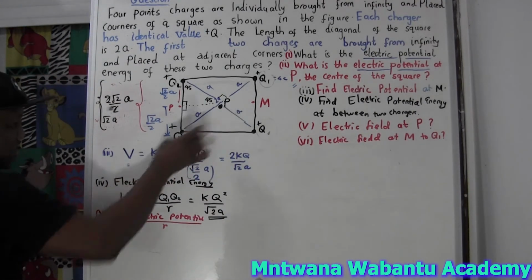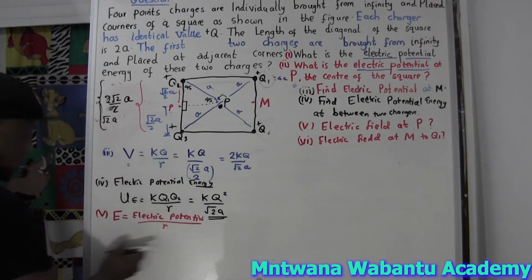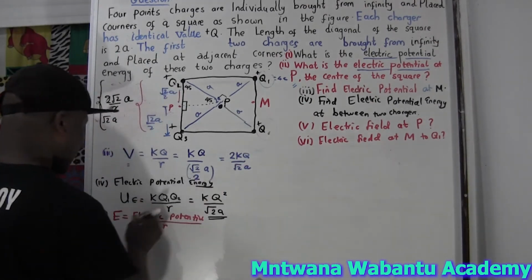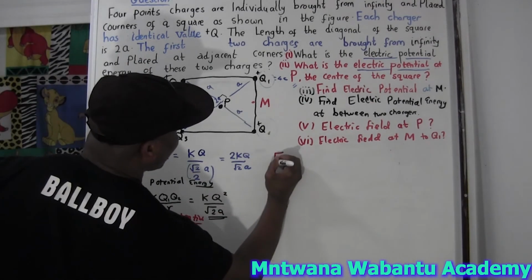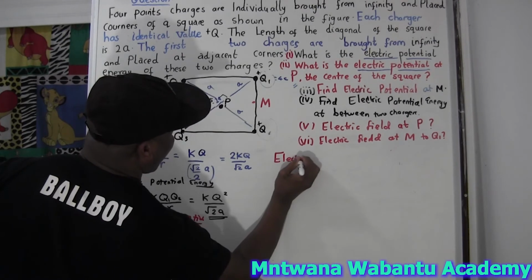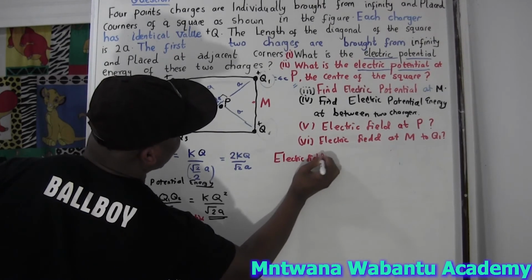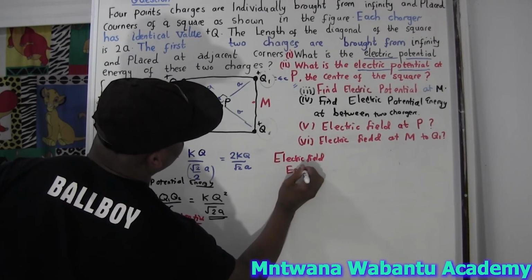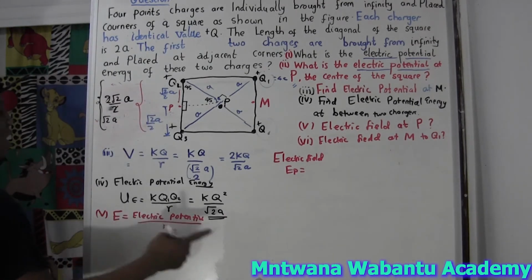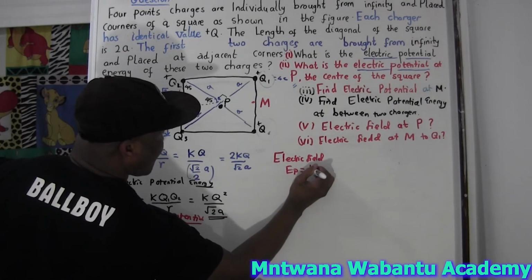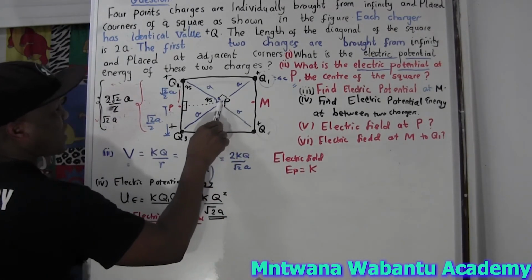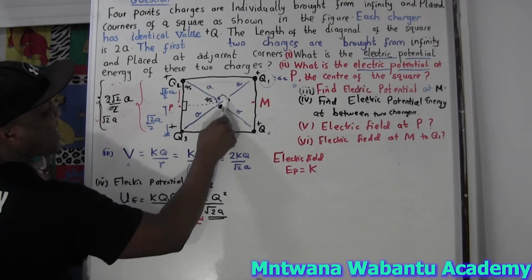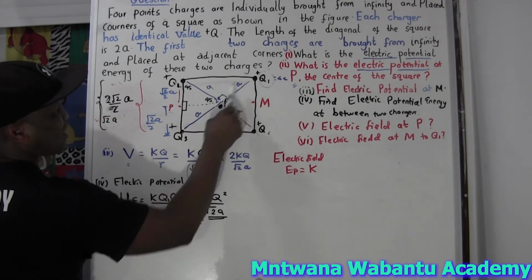This is P. Electric field at P equals, what is electric potential? Electric potential we know is K Q over distance, because from P to anywhere is the same, A. So I could take from here to there, here to anywhere.